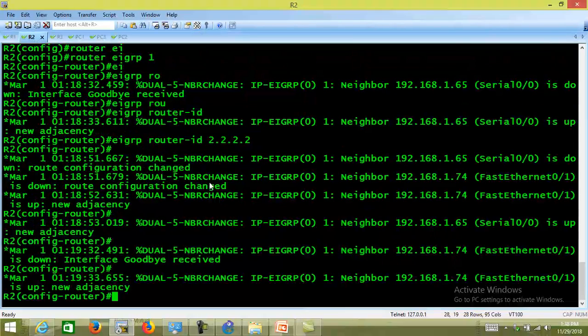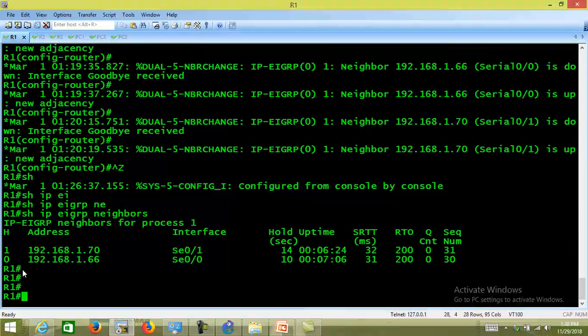In the lab environment, you can go to your routers and change the router ID to match the router names. That way, when you type show ip eigrp neighbors, you can see IP addresses that you can readily recognize.